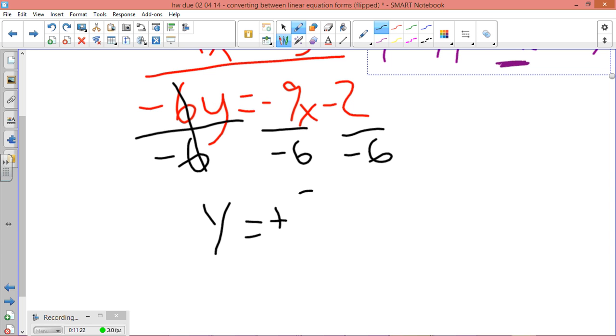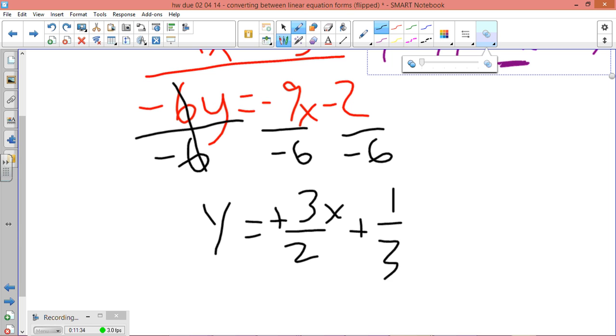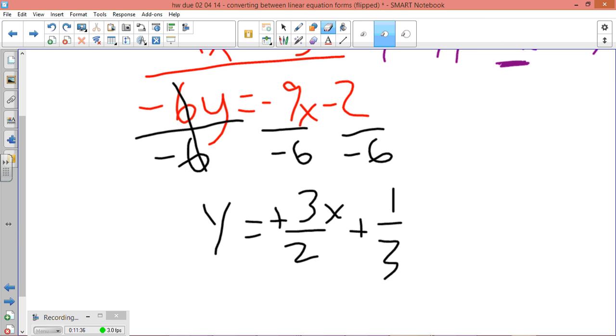So positive 3x over 2, and then negative 2 divided by negative 6 is going to be plus 1/3. So I can erase that positive right there. I'm left with y equals 3 halves x plus 1/3.